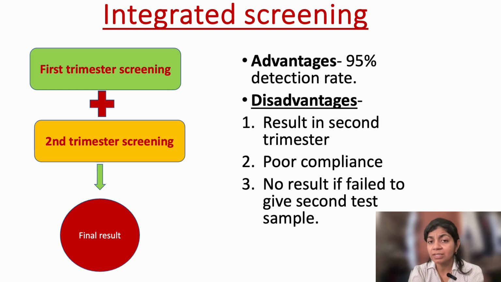Though it has a good advantage that it gives a 95% detection rate, the disadvantage is that sometimes the patient may not come in the second trimester for blood sampling, and in that case there will be no result given to the patient and generally has a poor compliance. So, integrated screening is not routinely done in our setup.